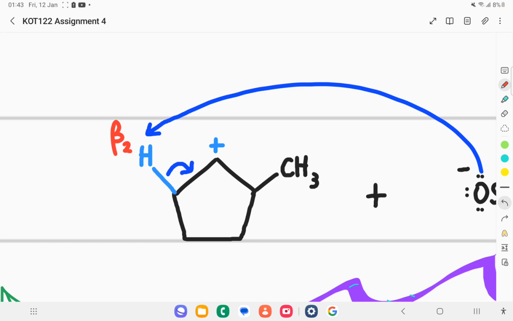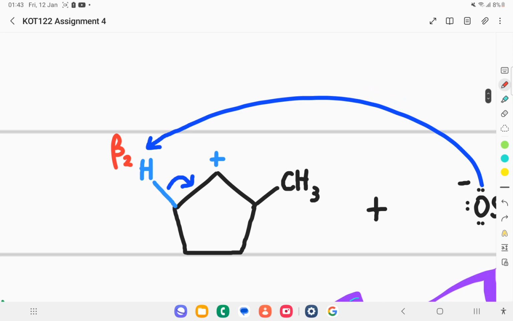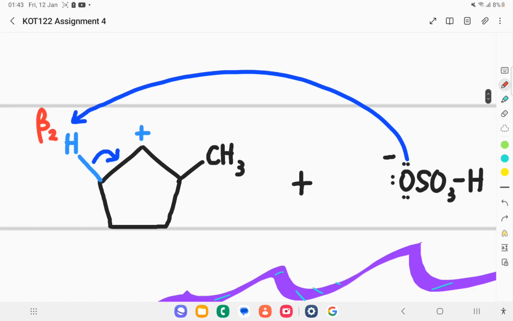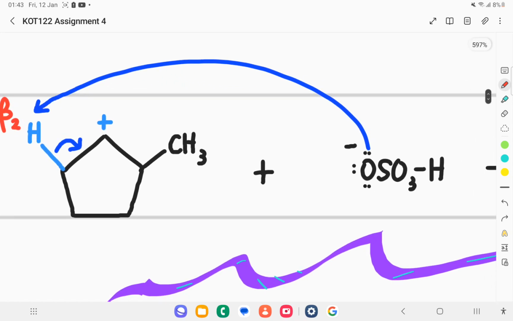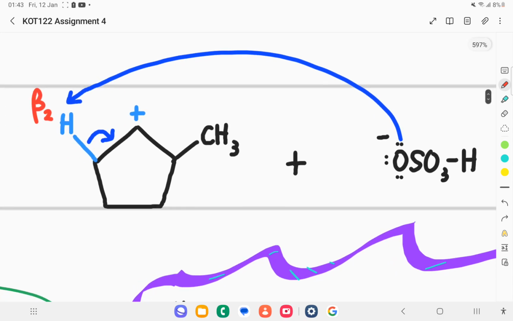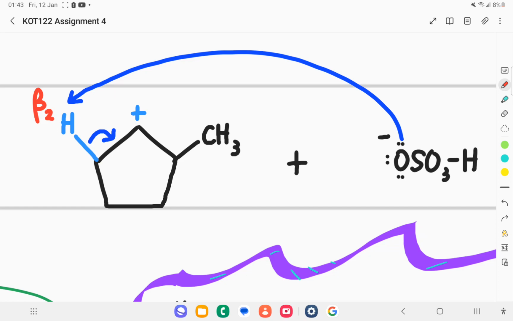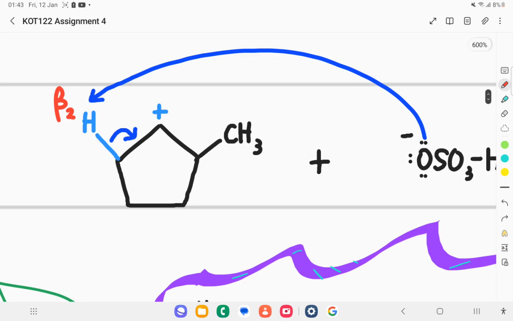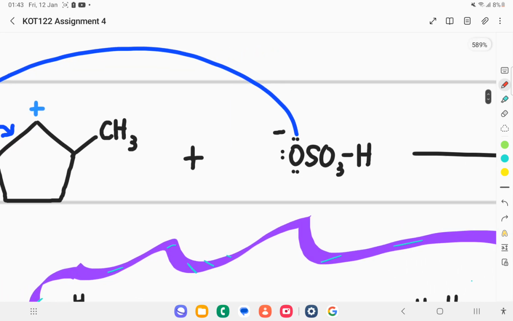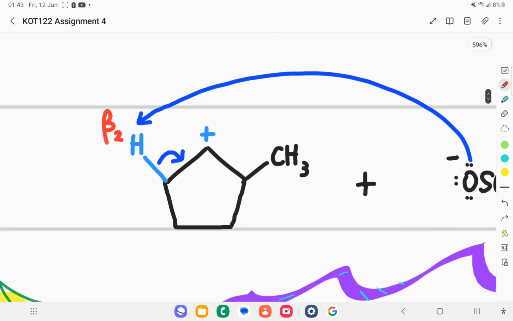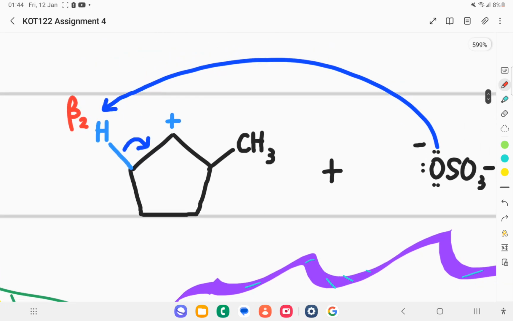Okay, so we will look at the beta 2 hydrogens. The same thing: the lone pair on the oxygen atom from H2SO4 minus will form a bond with the beta 2 hydrogen from our carbocation, and it will take it as H2SO4 minus, and the bond here also will be cleaved or broken.